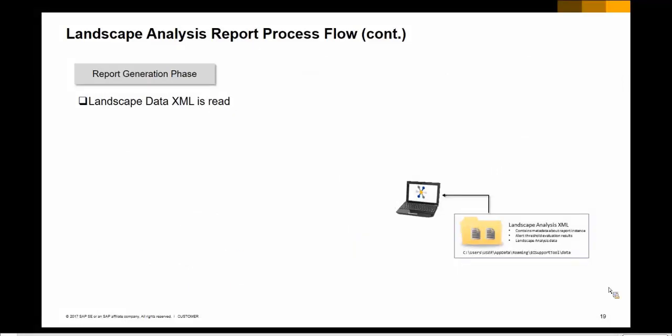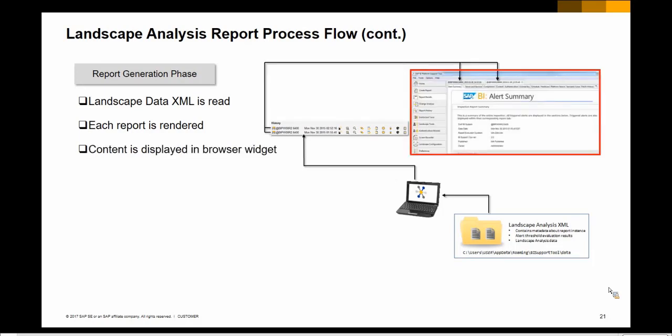When you go to view the data, we read in the data that's stored locally on your client. Each of the analysis types in the landscape data is rendered into HTML and JavaScript, so that we're using an HTML-based report that can be more interactive, and you can do dynamic things like filtering and changing the way that you view the data.